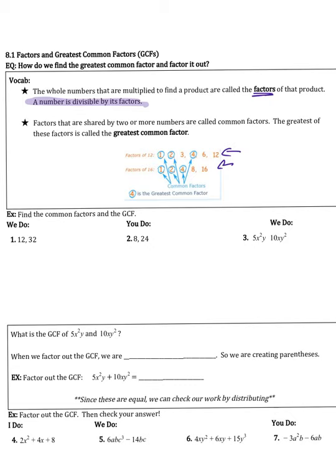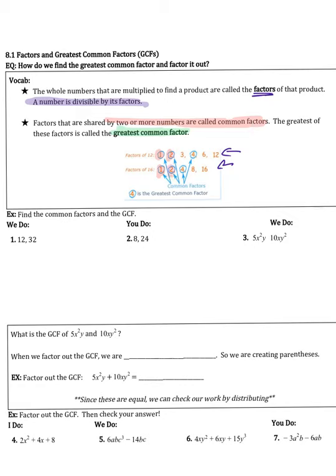Factors that are shared by 2 or more numbers are called common factors. And then the greatest of all of these is called the greatest common factor. If you look at this example below, where we have the factors of 12 and 16, they both have a 1.